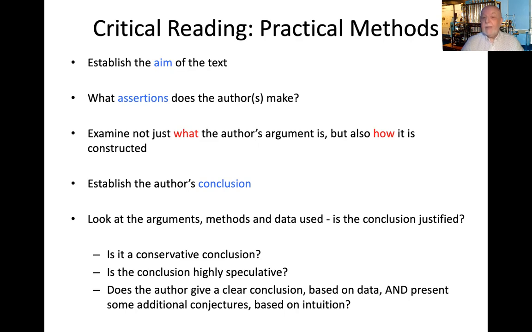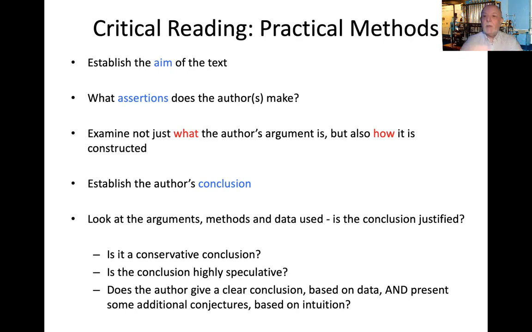Does the author give clear conclusions based on data and present some additional conjectures based on intuition? Sometimes you'll read a paper and the first set of conclusions you're kind of happy with. You think that the data backs up, and the experiments that have been done back up, those conclusions.